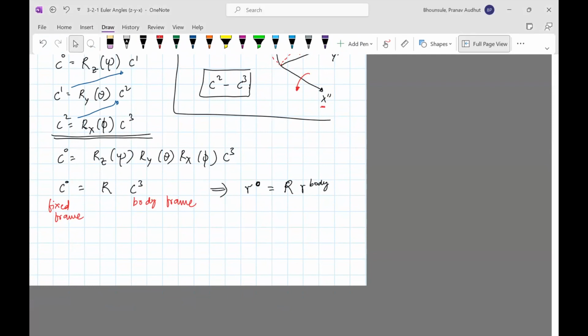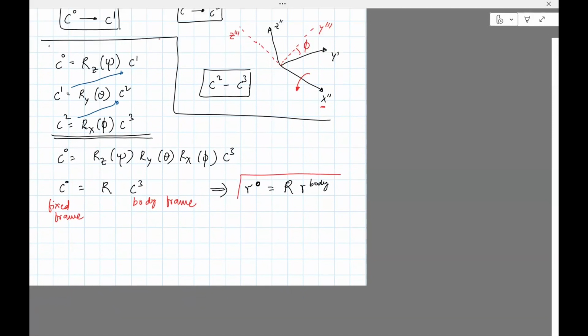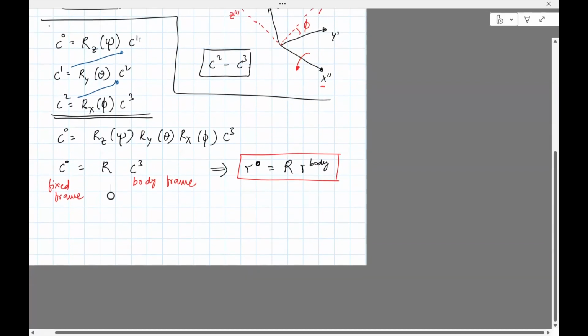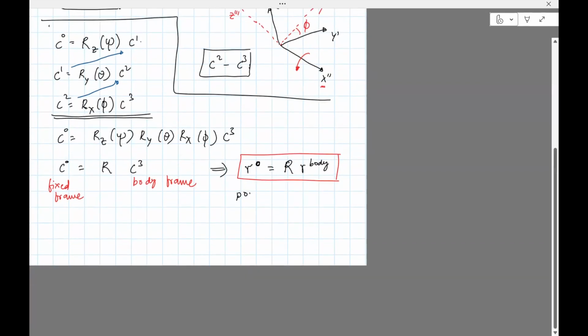So this is basically how we've always seen this turn out to be, right? We have position in the body frame. Sorry, R is position in the fixed frame, my bad, fixed frame.